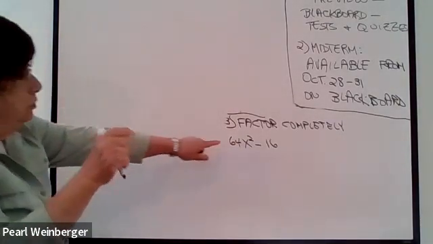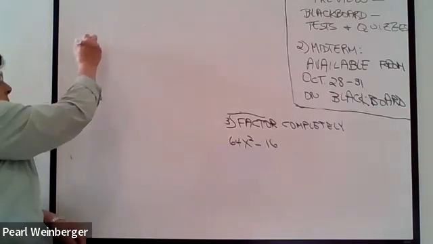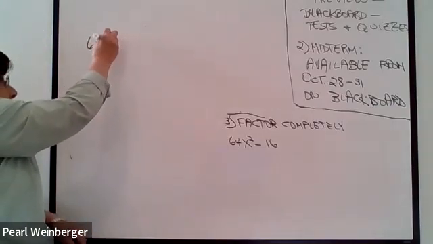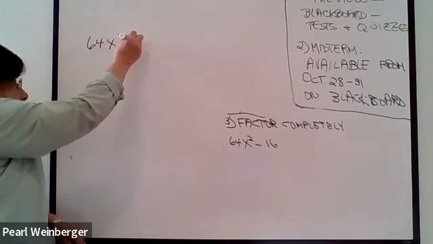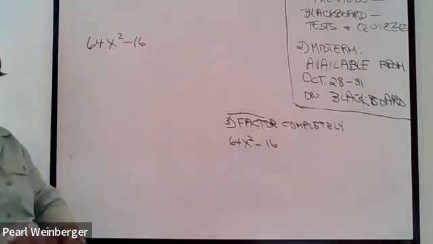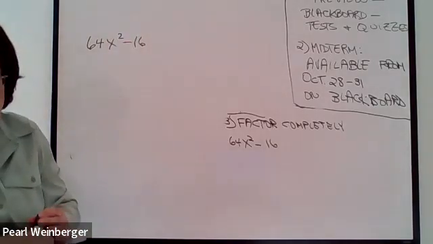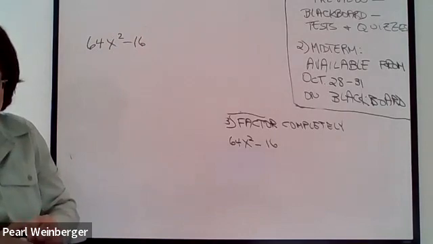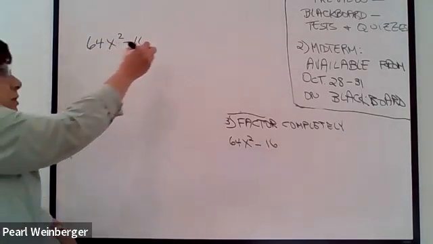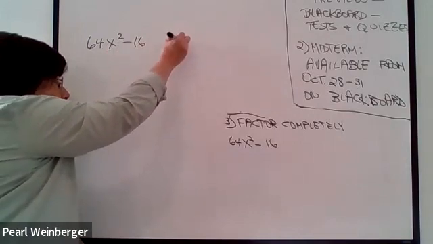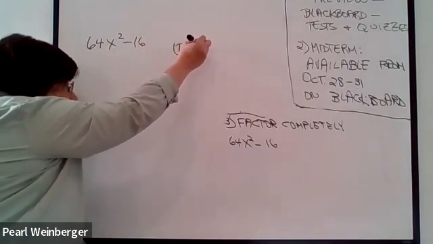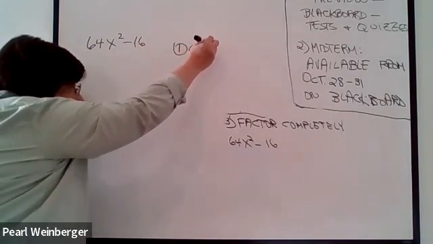And it says to factor this completely, 64 x squared minus 60. Let's remember when we want to factor that the first thing we always look for is the greatest common factor.